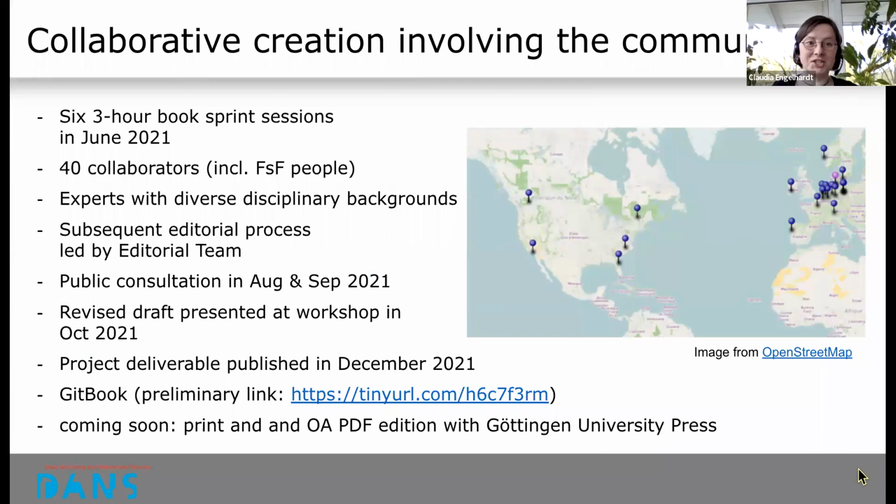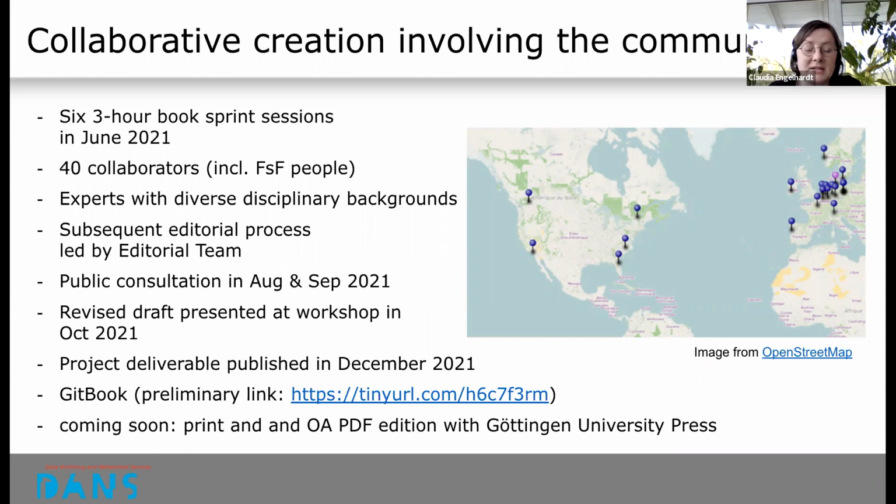The creation of the handbook was quite an endeavor, actually. We did it collaboratively, involving members of the community. The initial creation happened during six 3-hour book sprint sessions in June 2021, in which about 40 collaborators took part, all experts.